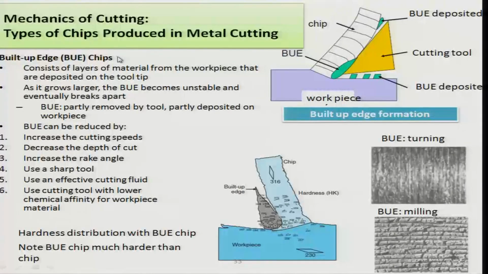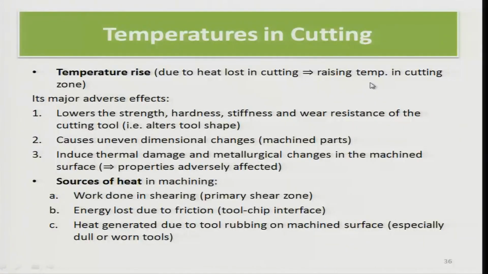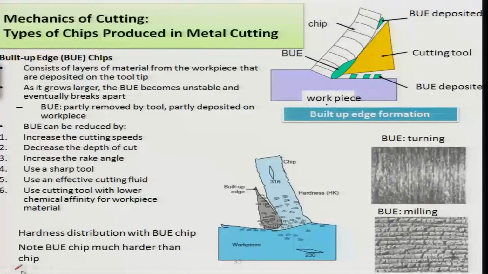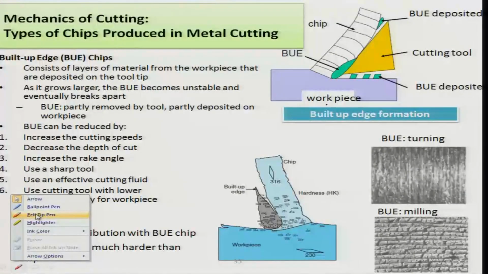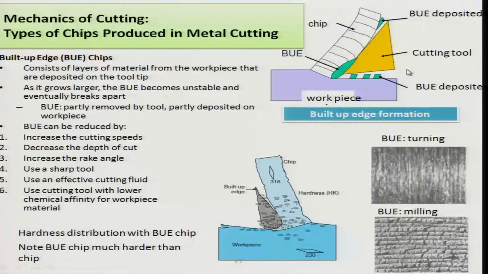I think we had discussed the built up edge in great detail and said that there is going to be residue formation on the surface, which will result in a bad surface finish for the material.